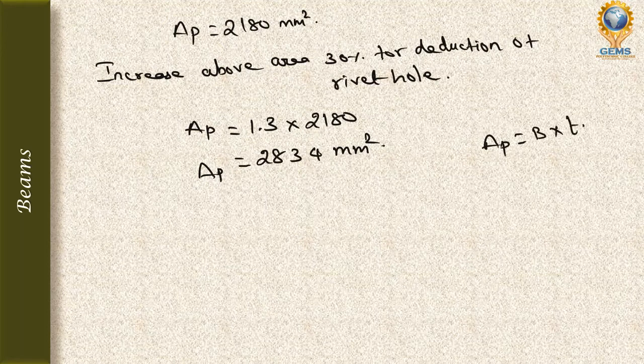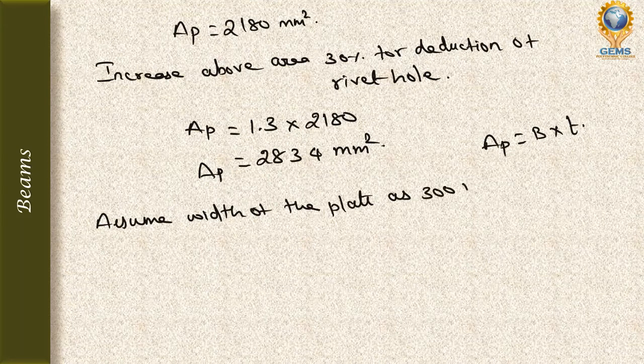AP, the area of the plate, is width into thickness. So we have to assume any one value. Here we are assuming the width of the plate as 300 mm. So area is B into T, equal to 2834.